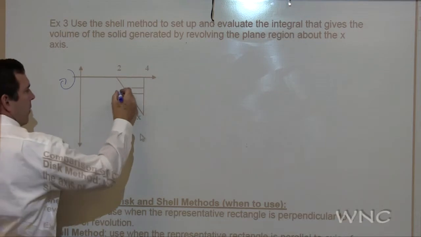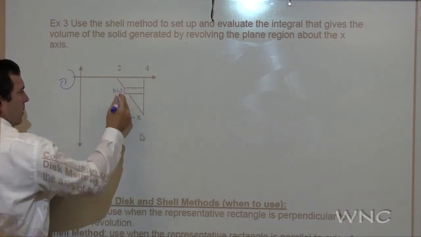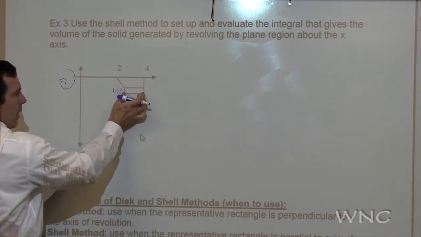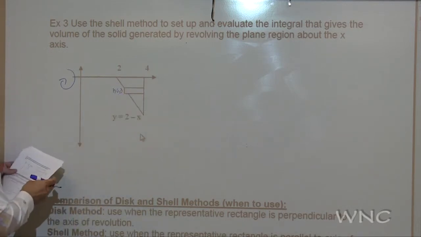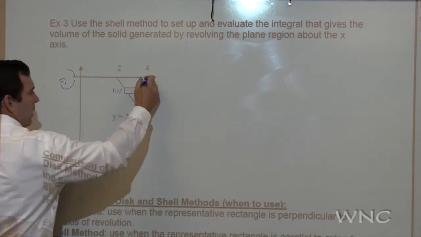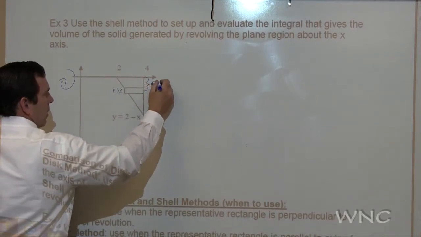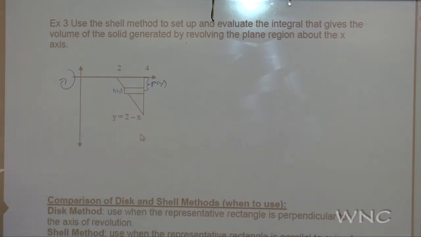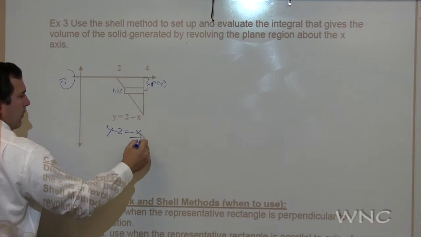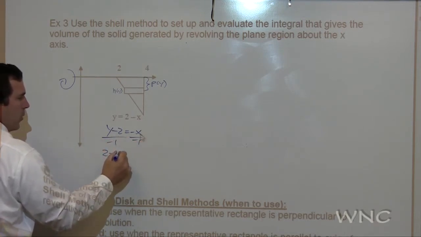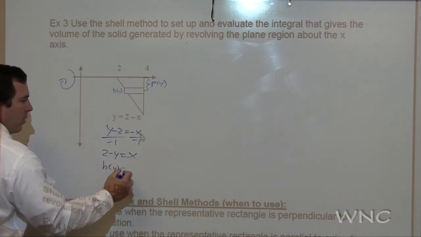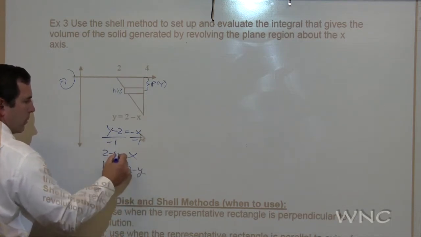So we need to come up with a formula for our h of y. So how y will dictate how wide this is, essentially. If we know y equals 2x, then y minus 2 equals negative x. Divided by negative 1, 2 minus y equals x. So our h of y will be 2 minus y.